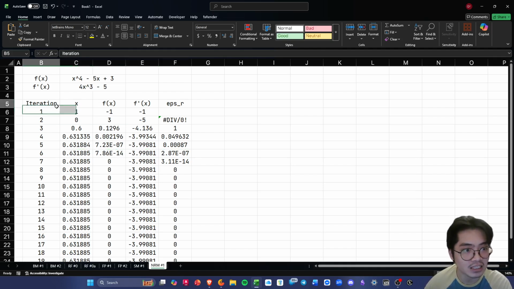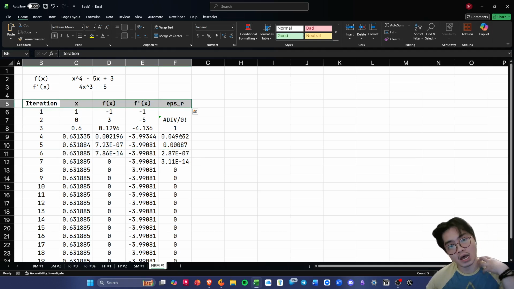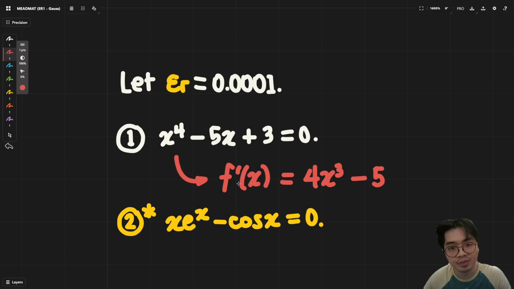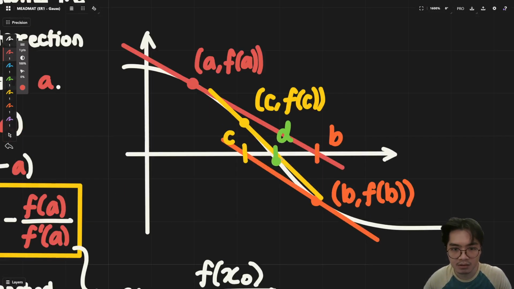And again, this kind of blazing fast accuracy is inherent to the mechanics of the NRM. It takes advantage of the fact that if you're getting nearer to your root, things become more of a line.